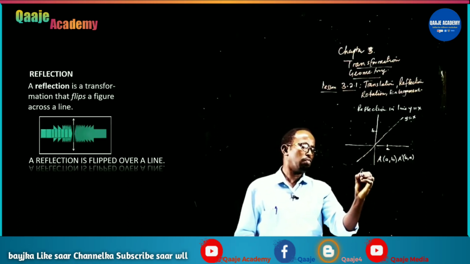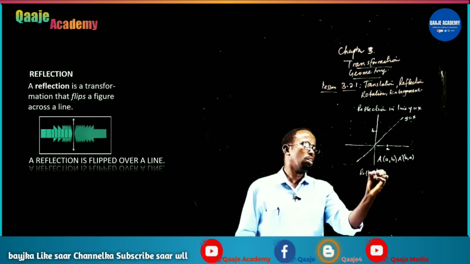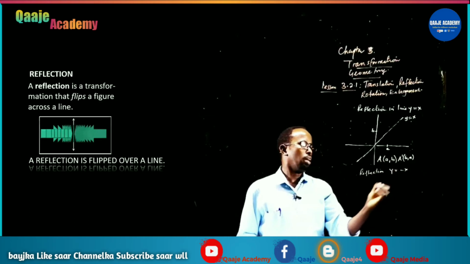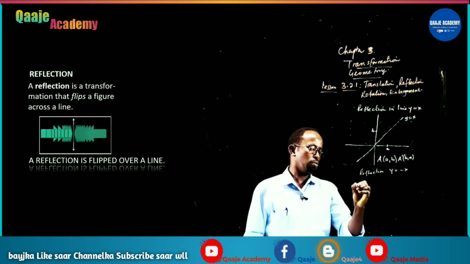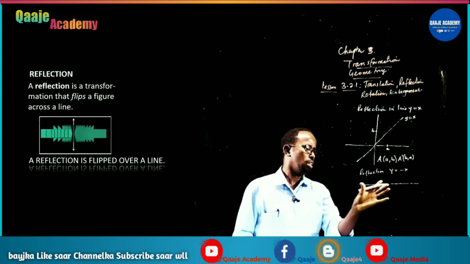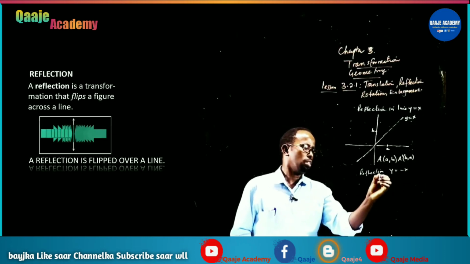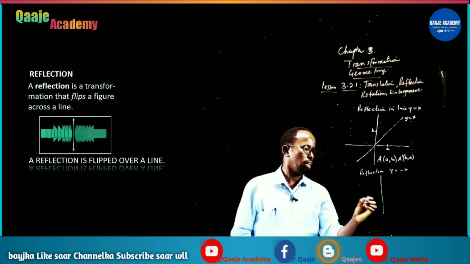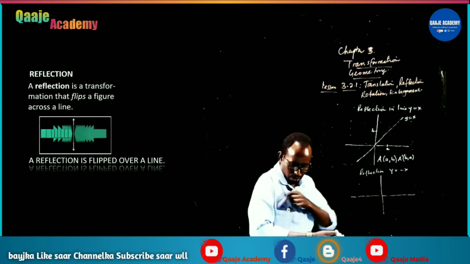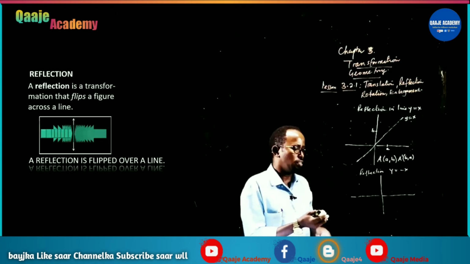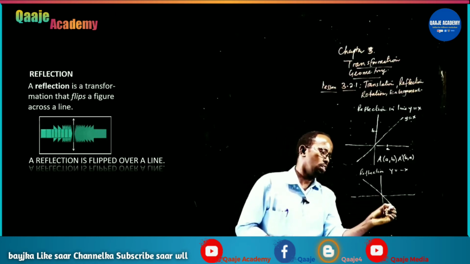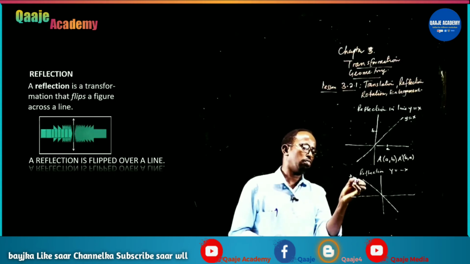The next one is reflection in the line y equal to negative x. When x is negative, then y becomes positive. That's what reflection in the line y equal to negative x means. So this is the line y equal to negative x.